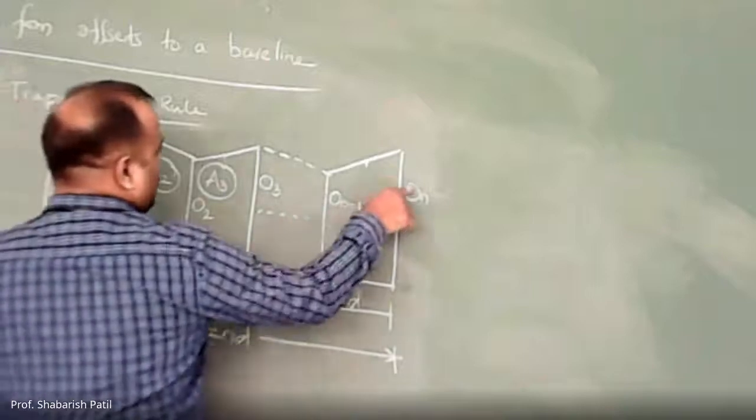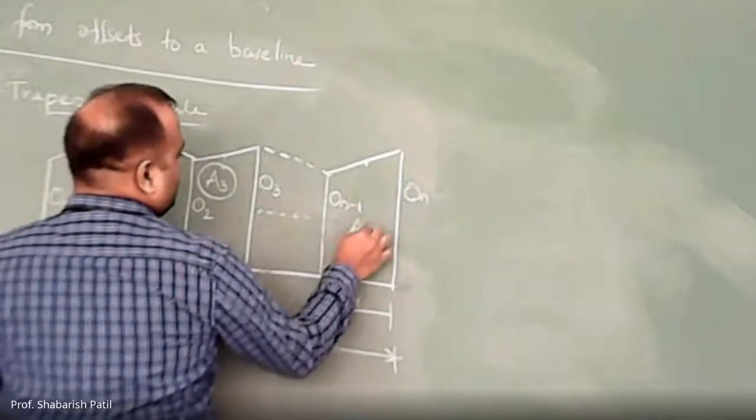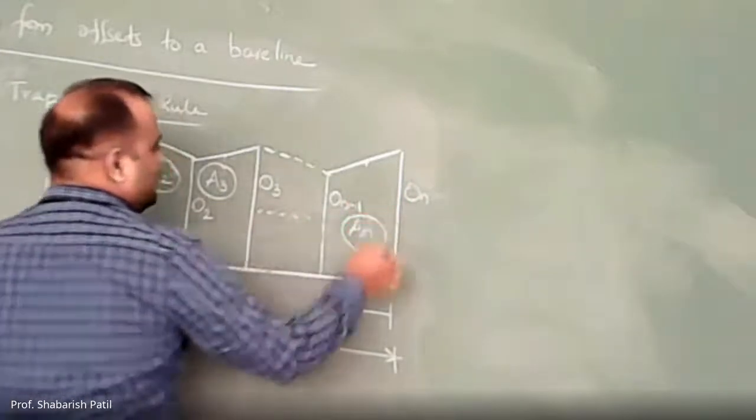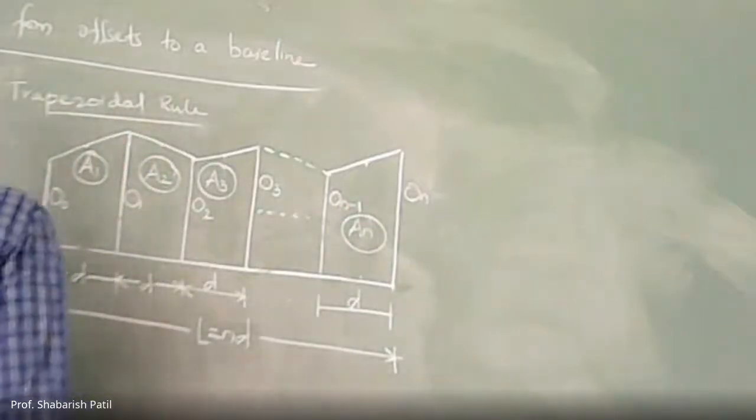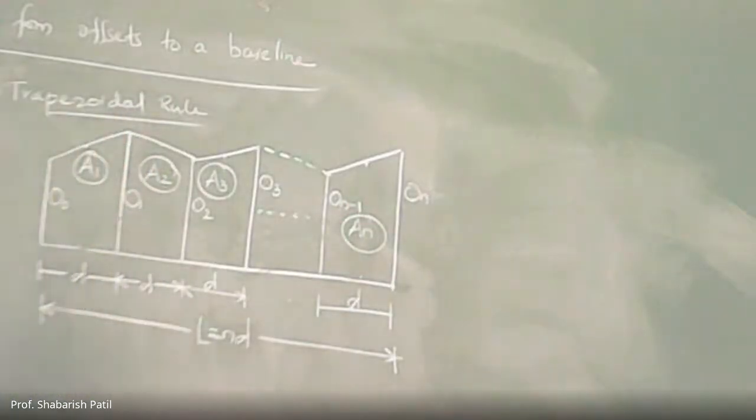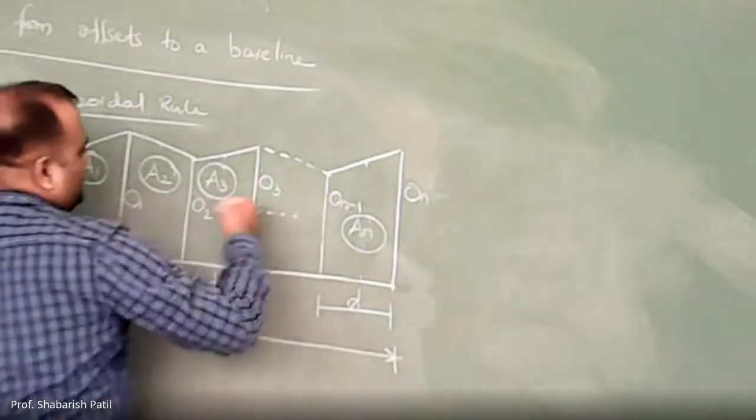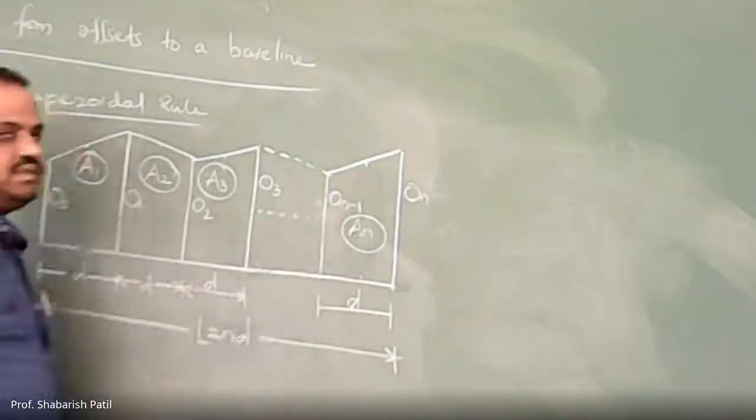Like this, I have the nth strip, then the area of the nth strip will be AN. In between I have A3, A4, A5, A6 up to AN. Okay?